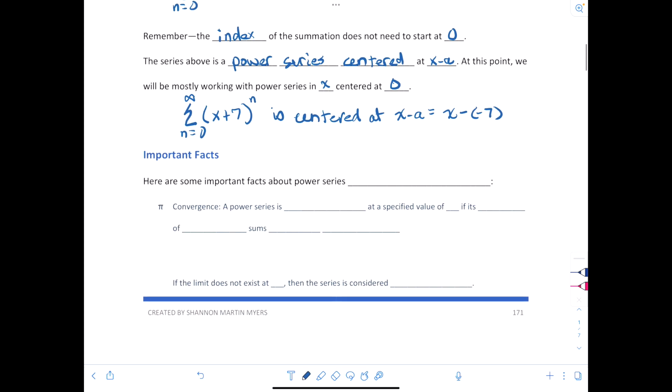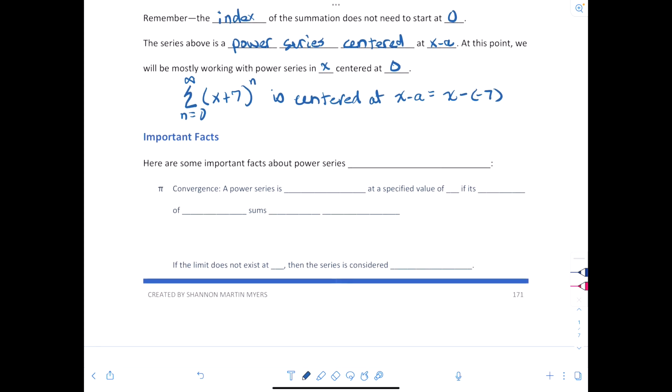Here are some important facts about power series. And in this form here, summation goes from 0 to infinity of c sub n times x minus a raised to the n. Convergence.